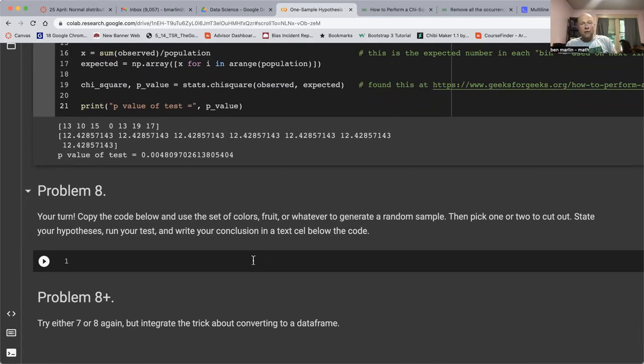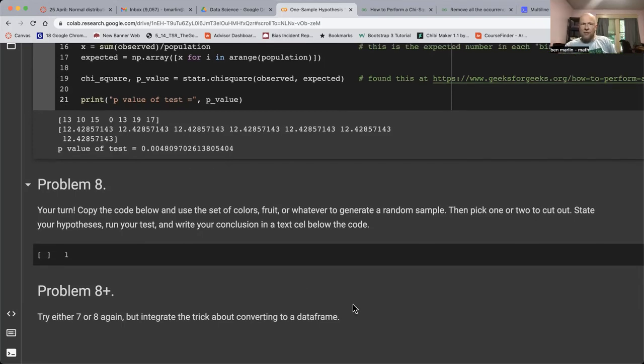I would say play around with it a little bit and see how big of a sample you actually need to get that to happen, just kind of as a curiosity, okay? But once you got that to go, then put in a text block and just say something about your conclusions, what observations you had. Okay.